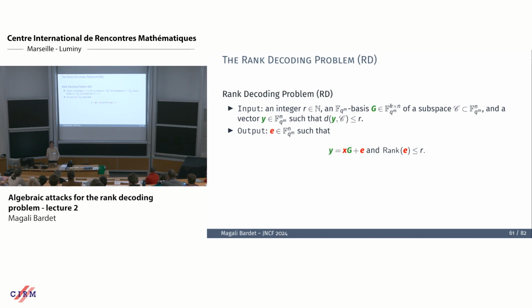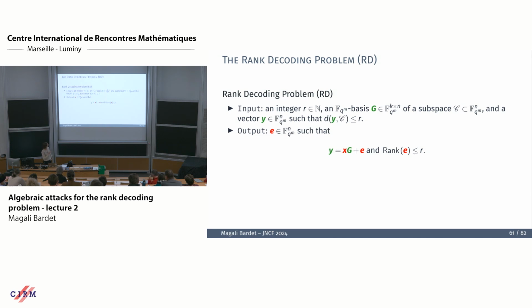So we are interested in this decoding problem. What is called the rank decoding problem is the decoding problem of linear codes that are Fq^m linear in the rank metric. So it's a classic decoding problem. I have a basis, a generator matrix of the code.